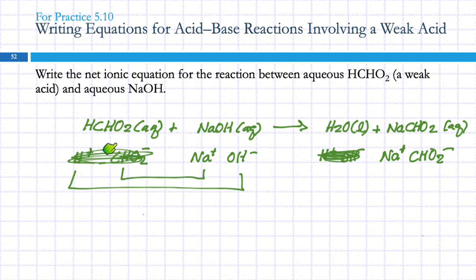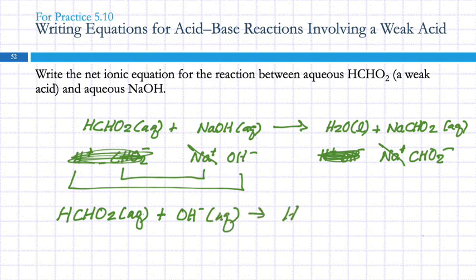So we've got this guy and these ions and that guy and these ions. Are there any ions that are the same on both sides? Sodium. So sodium was just watching. So we crossed out the sodiums. There's nothing else we can cross out. And so HCHO2 plus OH minus is going to form H2O liquid plus CHO2 minus aqueous. And that's the net ionic equation.